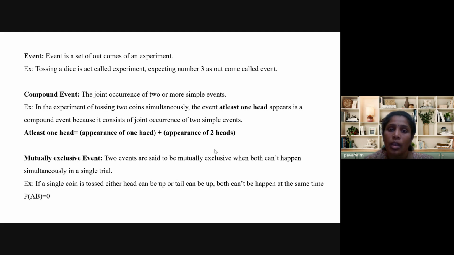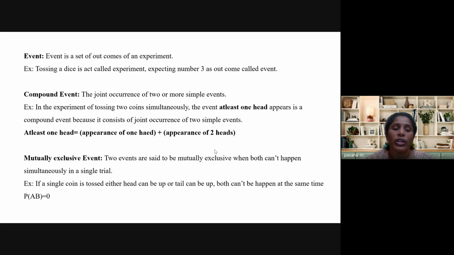So maybe one coin will give a head, or in some situation both coins will be heads. That type of event is called a compound event. That means a mixture. Two or more simple events are mixed in that particular outcome. That type of outcome is called a compound outcome.